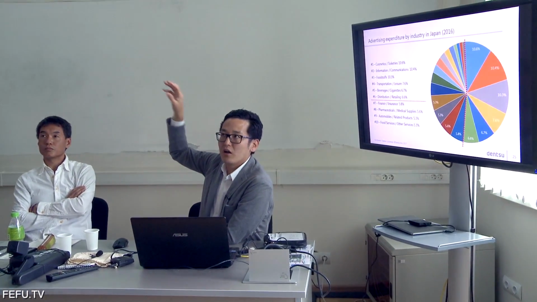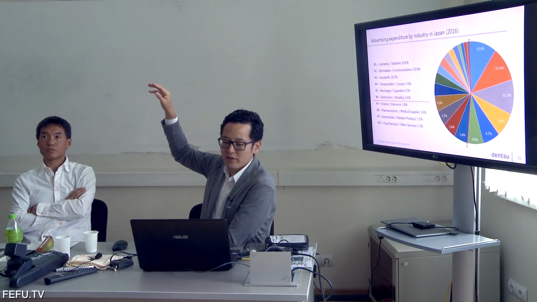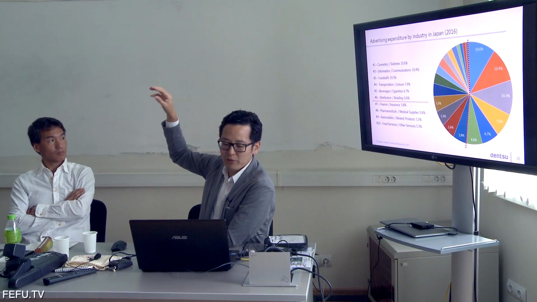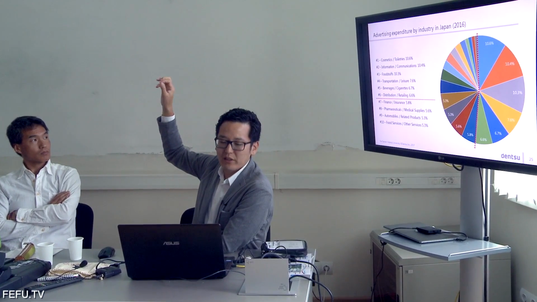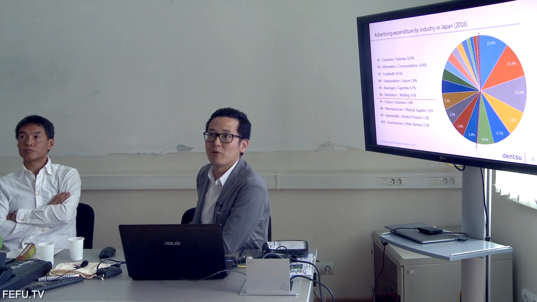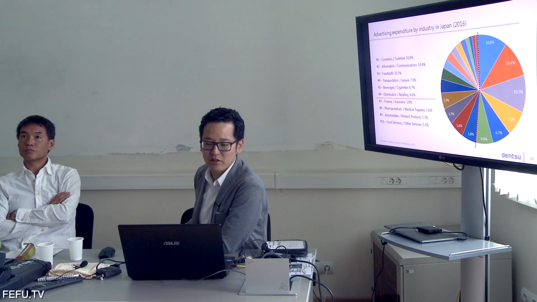And then this is advertising expenditure by industry in Japan. Again, you see that in the global part, P&G and Unilever are the biggest companies for advertisement. Same as in Japan, cosmetics and toiletries are the number one advertising expenditure clients.